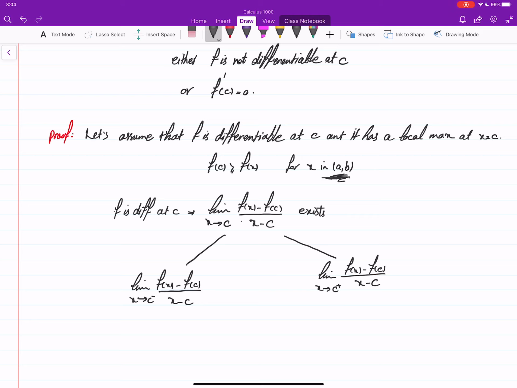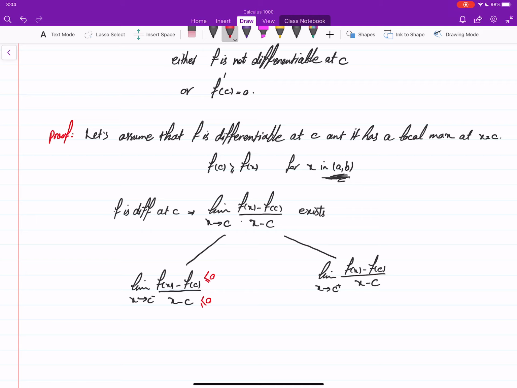This means we have a non-positive number in the numerator for all x in (a, b). When we approach c from the left, x is a number less than c, so x minus c is another negative number.